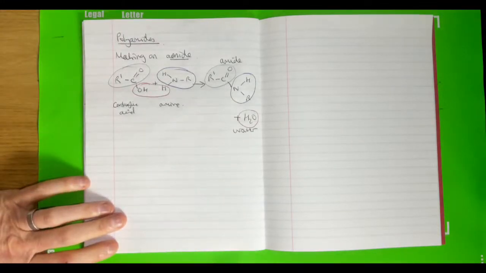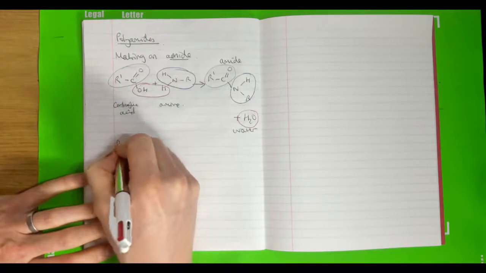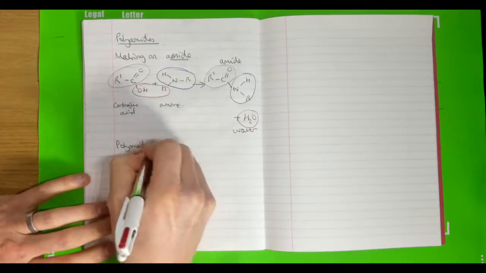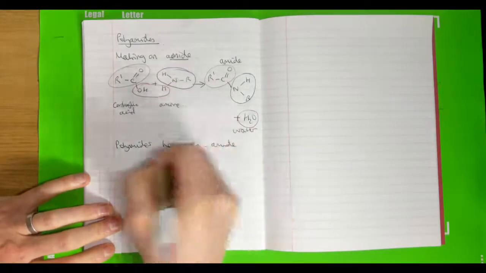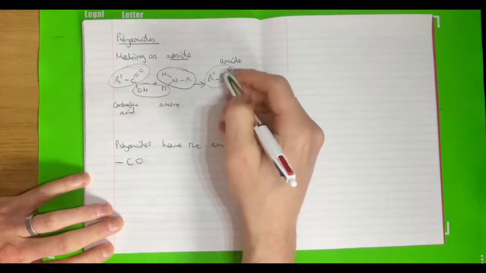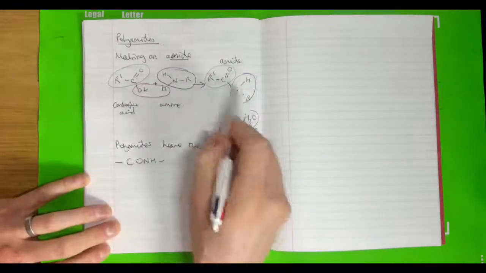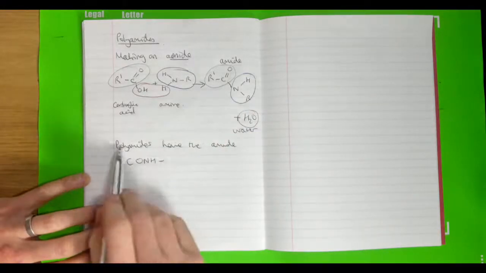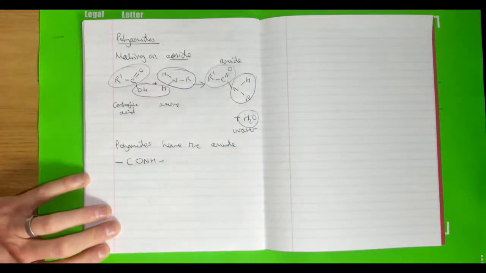So a polyamide has an amide linkage in it. This is what an amide linkage looks like. So the C double bond O, NH, there's the NH, and then we've got an R group coming off here, and an R group coming off there, okay? So polyamides have this linkage in them, repeating itself between each monomer.